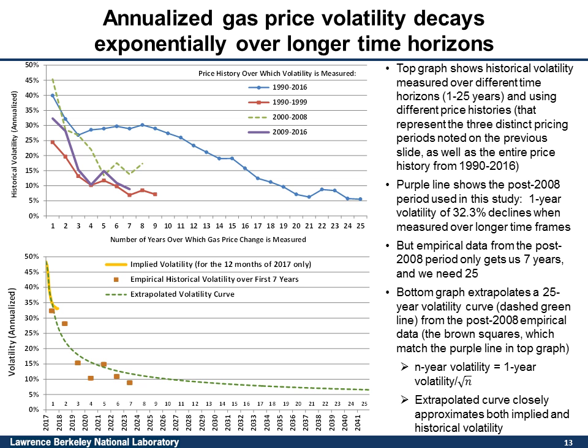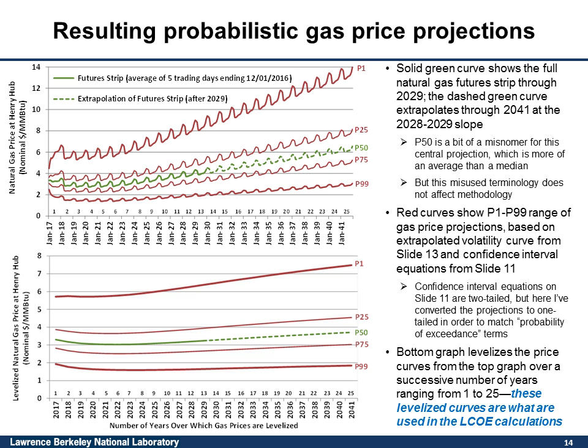Fortunately, there is a commonly accepted way to extrapolate single-year volatility over longer periods simply by dividing the 1-year volatility by the square root of the number of years in question. And so that's what I've done, and that's what is shown by the dashed green line in the bottom graph. As you can see, the extrapolated volatility curve pretty closely approximates both the empirical historical volatility estimates from years 1 through 7, as well as the implied volatility curve shown during the first year, 2017.